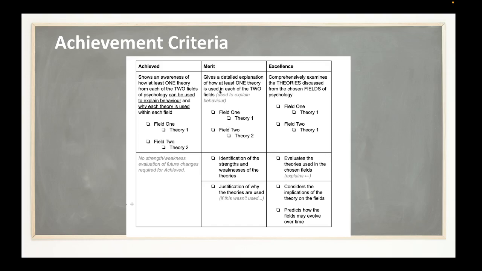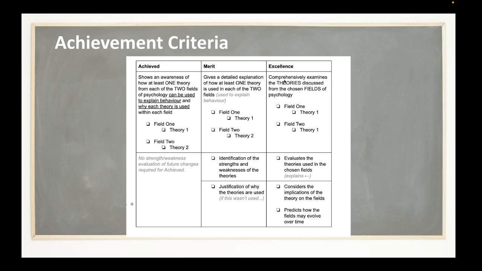So we see here quickly the achievement criteria. A passable psychologist can basically summarize the theories and explain how and why they're used in the field. A very good psychologist can do that, plus they can justify why those theories are relevant, and they can identify some of the strengths and weaknesses of the theories.